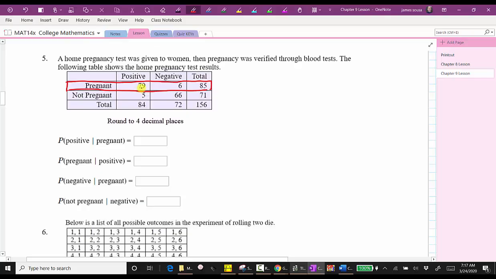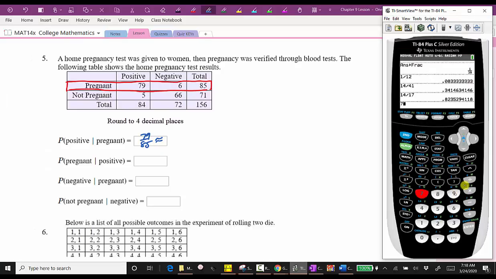And therefore the probability of positive given pregnant is equal to 79 divided by 85, or 79/85. We are told to round to 4 decimal places, so we'll convert this to a decimal. 79 divided by 85 to 4 decimal places is 0.9294.